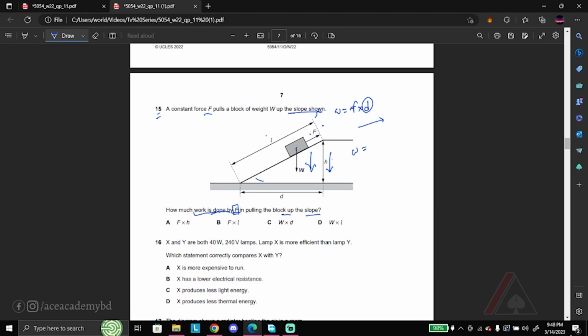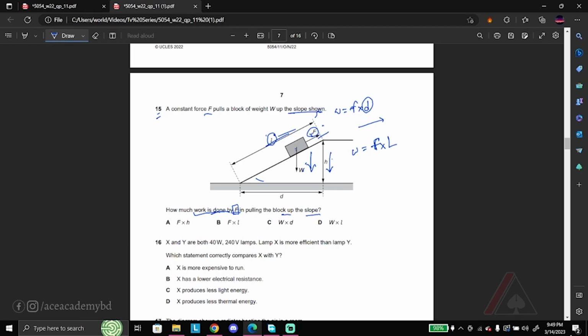In our case, the work done won't be force into W. So let's consider L and F. The force is in this direction, and the object also moves parallel to the length of the ramp, or L. So the force moves in the direction of L. So we can write that F into L is the work done.